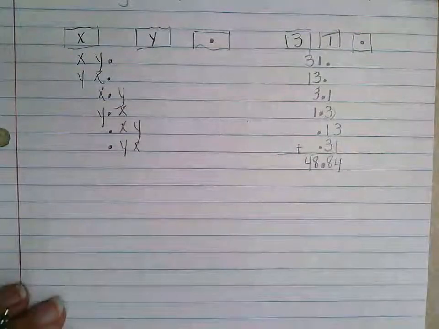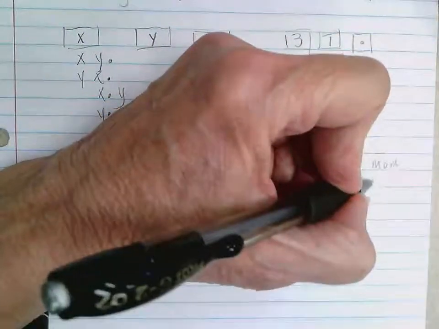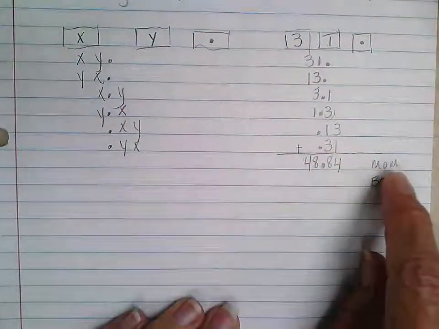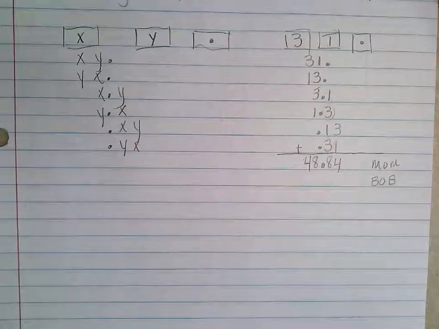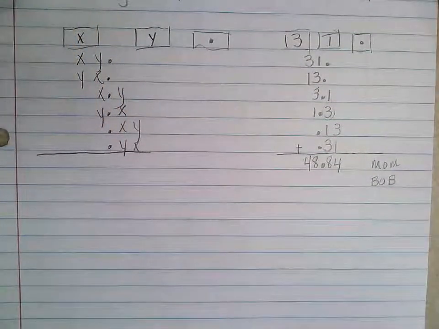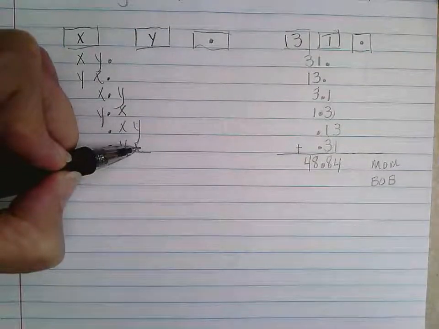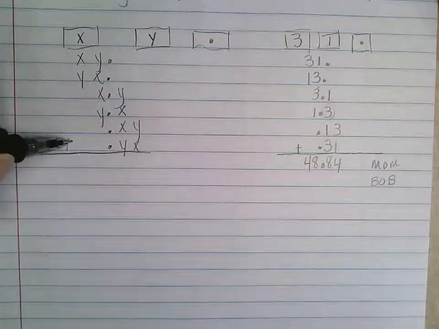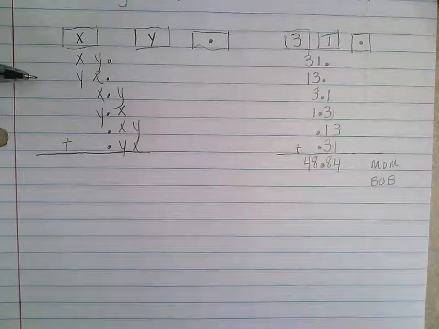There are words that are palindromes, like mom, Bob. They read the same forward and backward, but numbers are also palindromes. So you'll notice over here, when I'm looking at this, I see that I have an X and a Y. So this is a little more difficult to sum. And I am going to sum it.